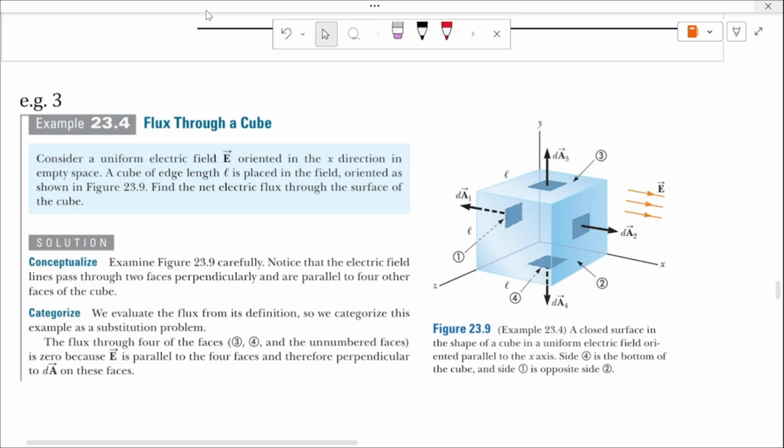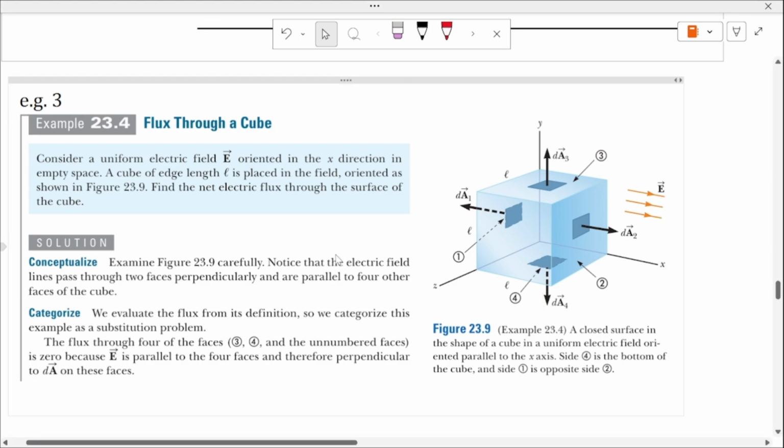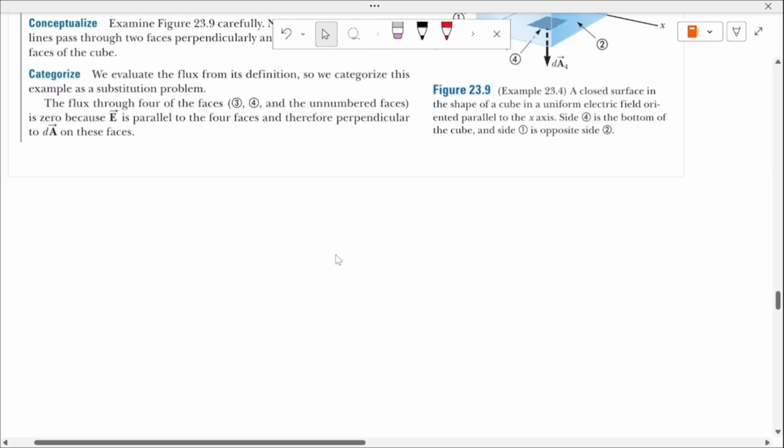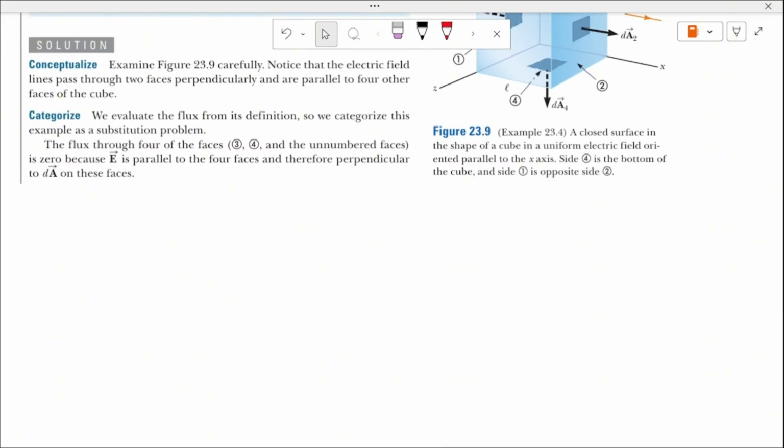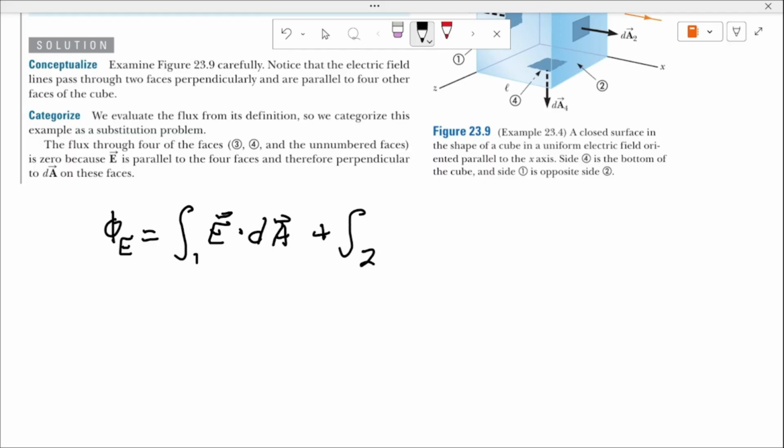So we begin by writing the integrals for these two faces that are actually going to contribute to the flux. Phi e equals the integral of side 1 E dot dA plus the integral over side 2 of E dot dA.